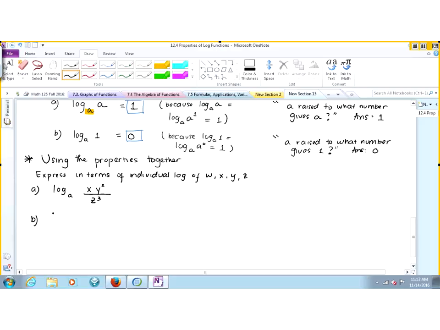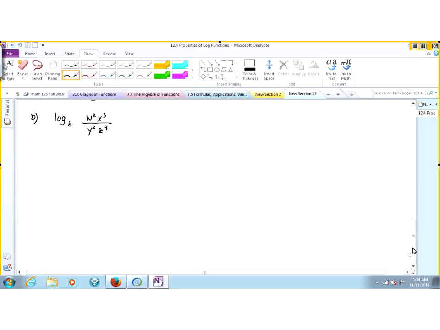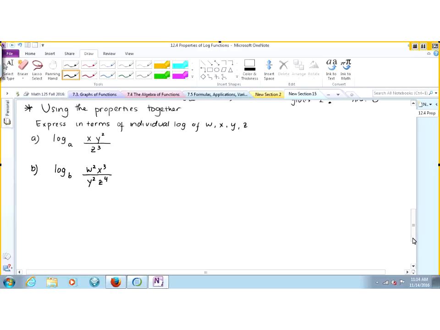And then B is log base B of W squared X cubed over Y squared Z to the 4th. So let's do this first.